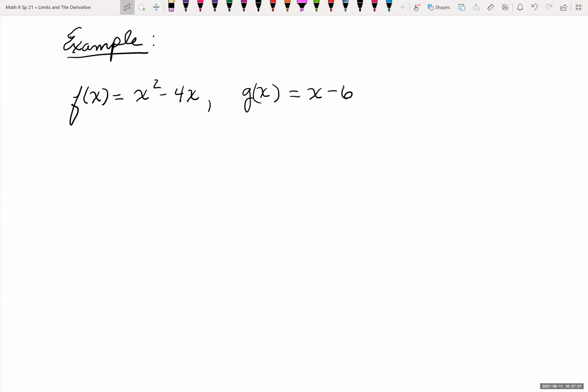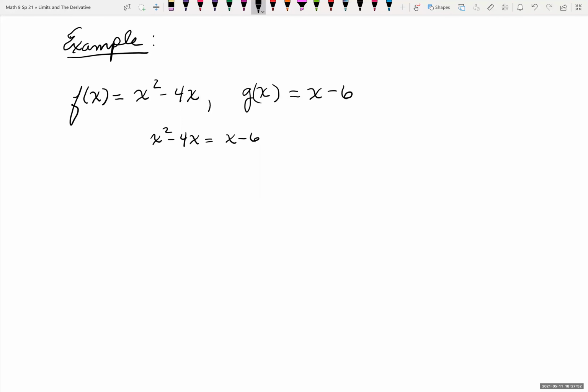And so if we look at this, we want to find out when is x squared minus 4x equal to x minus 6. So solving equations, you should look at what type of equation and how you go about to solve those. This is quadratic. So we want to get everything to one side of the equation.